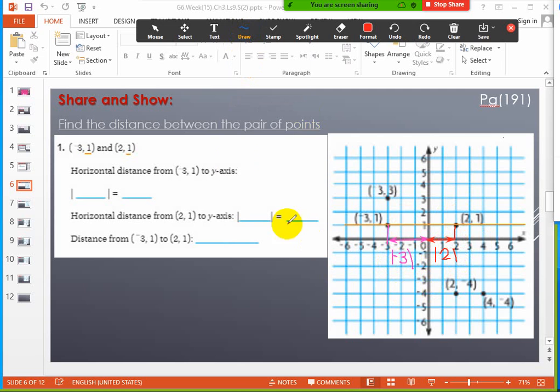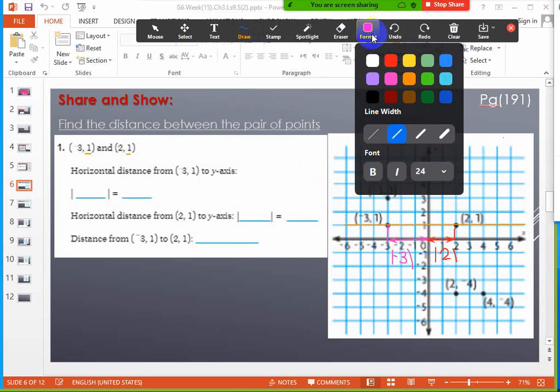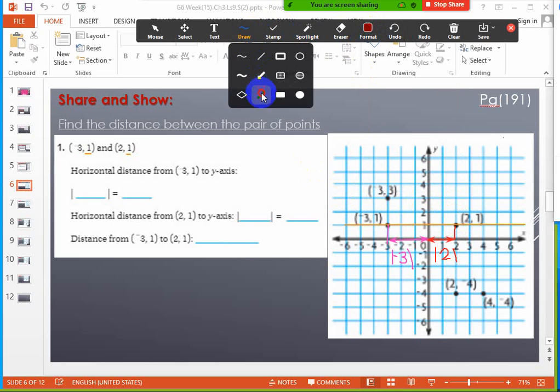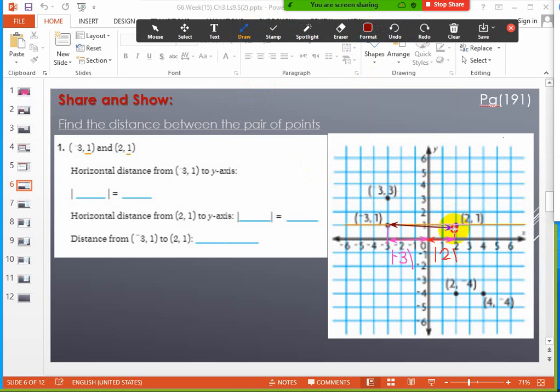Now I want to find the horizontal distance between the points. The horizontal distance is the distance between those 2 points. That means I have to add the absolute values of both -3 and 2 to find the whole distance. The horizontal distance from this point to the y-axis is the absolute value of -3, which equals 3.